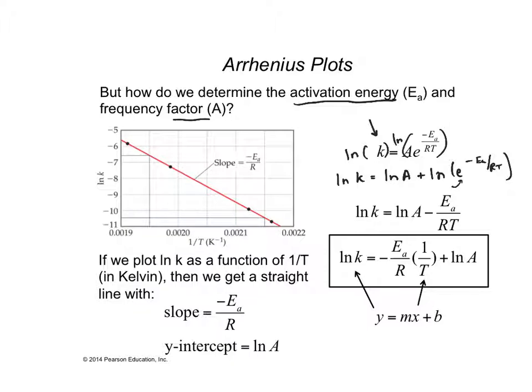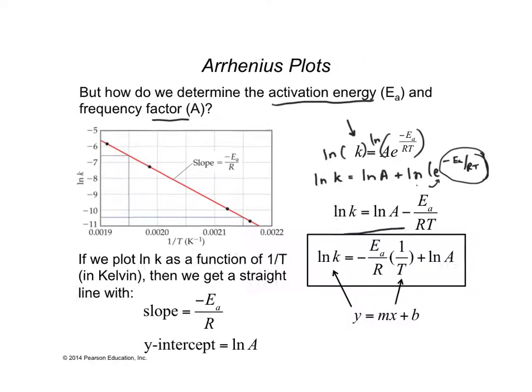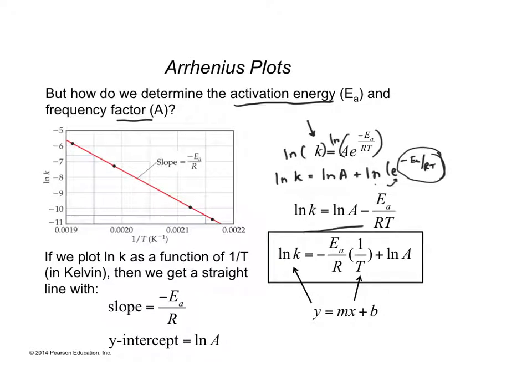So ln of this ends up just being this part, okay? So this comes down, and we're left with something that looks like this. We can rewrite this in a different format by moving this part to the front and taking out the 1 over T, okay?